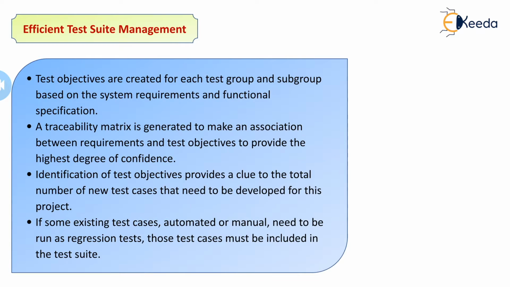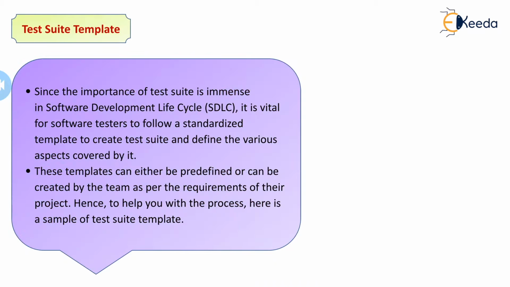Then the identification of test objectives provides a clue to the total number of new test cases that need to be developed. So if some existing test cases, automated or manual, need to be run through a regression test, those test cases must be included in the test suite.